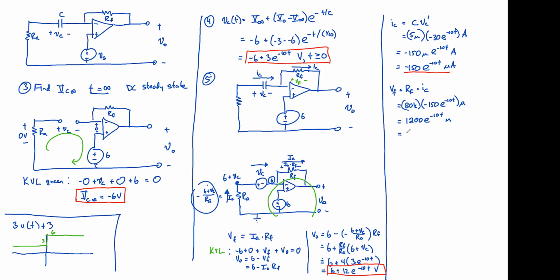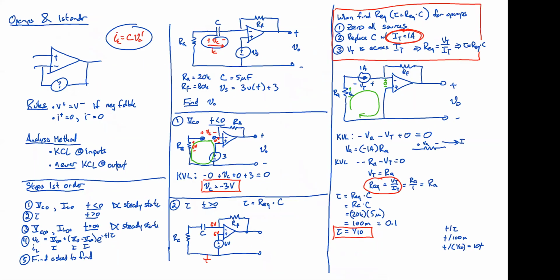So that whole thing is equal to 1.2 e to the minus 10t volts. I just want to check to make sure my feedback resistor is indeed 80K.